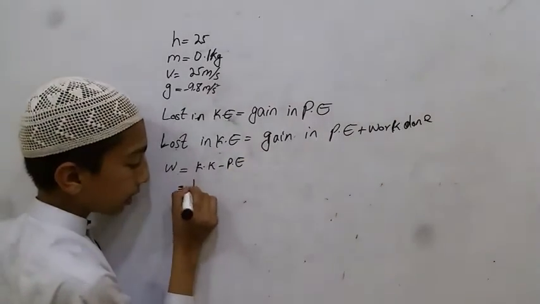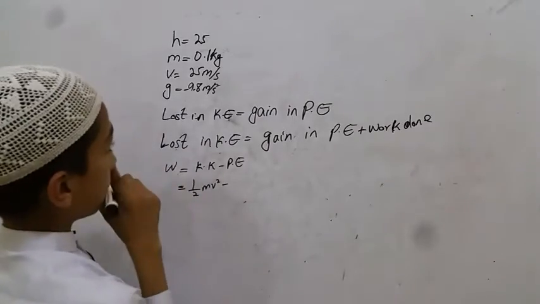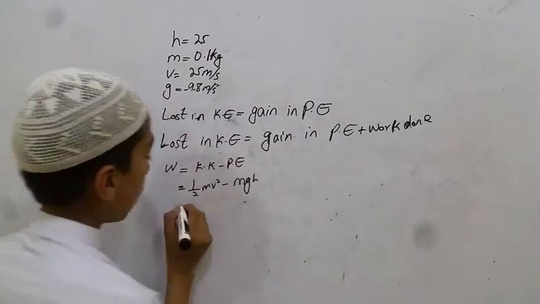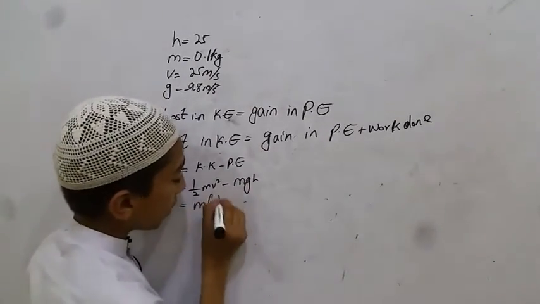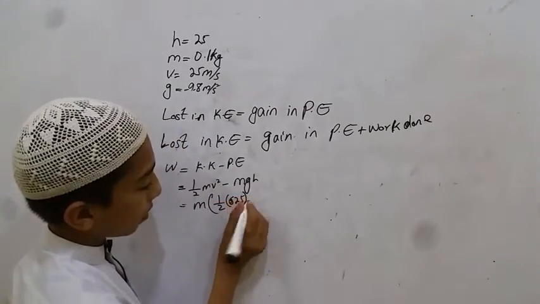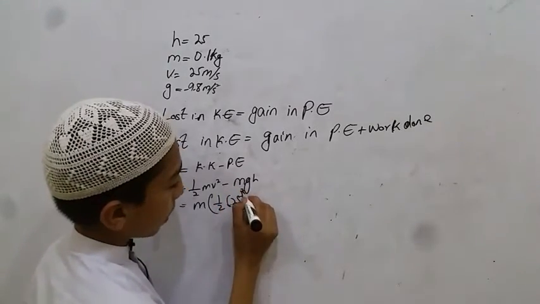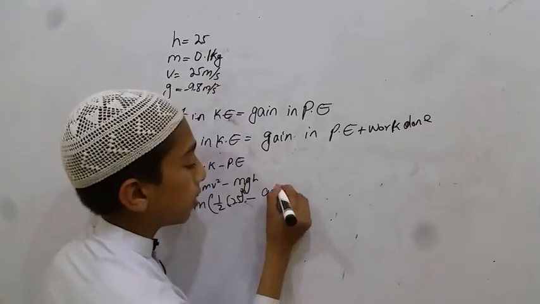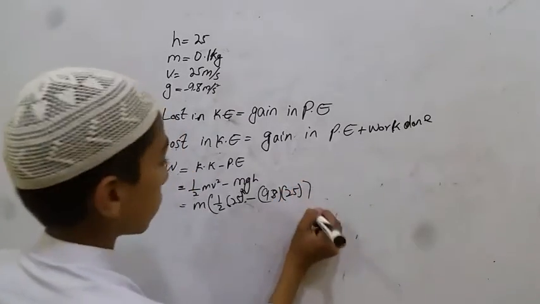So kinetic energy is half mv square minus potential energy, which is mgh. So 1 divided by 2, m into 625, minus g, which is 9.8, into height, which is 25.